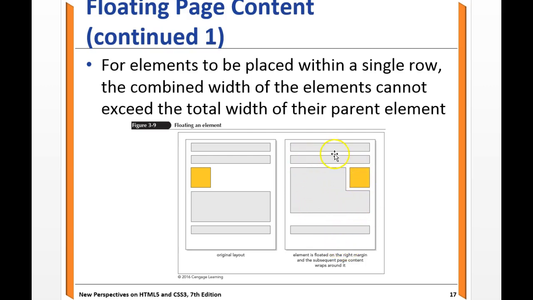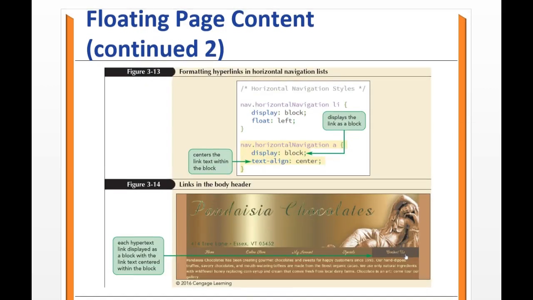So if you want your layout to look like this, then you can use this. You're going to display the link as a block, and then you're going to have the float as left, if you want it to show up on the left side.